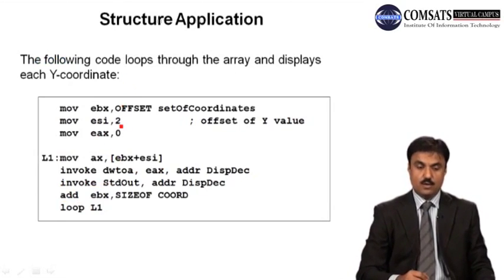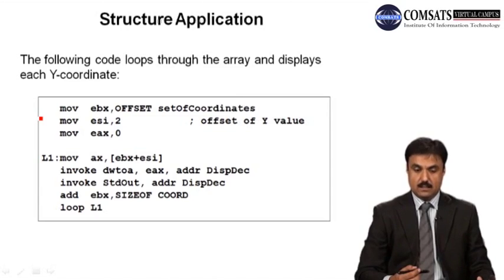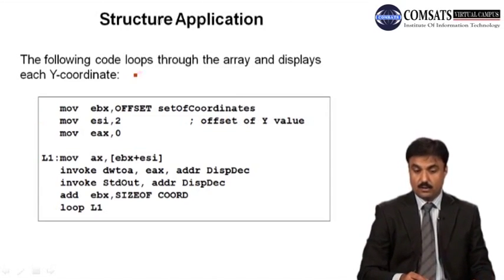So there is one loop here. This is one example where we access structure elements by using the base index. The following code loops through the array and displays each y coordinate.